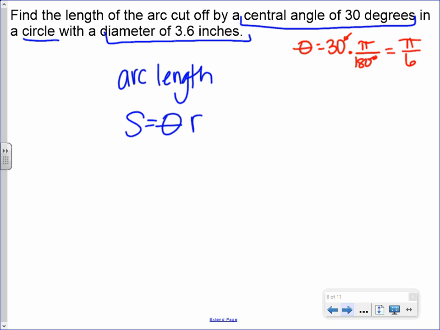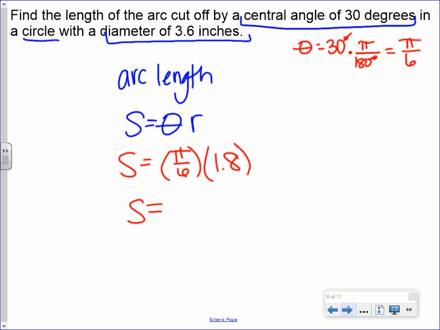So our radian measure is pi over 6. The radius 3.6? No, our diameter is 3.6, which means our radius is 1.8.